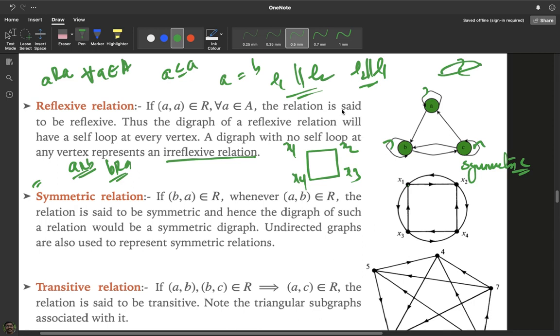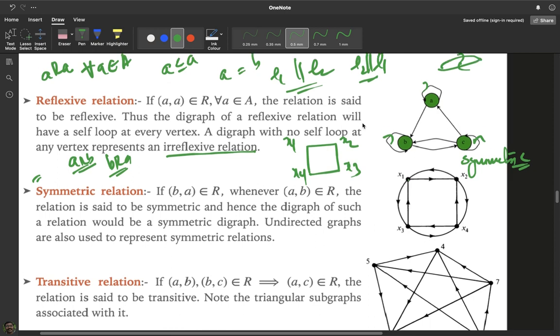So in some textbooks undirected graphs are used to represent symmetric relations, basically to reduce the clutter. If you have so many vertices, it is very difficult to draw two edges between each pair of vertices, so to reduce the clutter sometimes we represent symmetric relations by means of undirected graphs. Some textbooks use that convention. I'll use that also, we'll come to that later. So that is how you represent a symmetric relation.